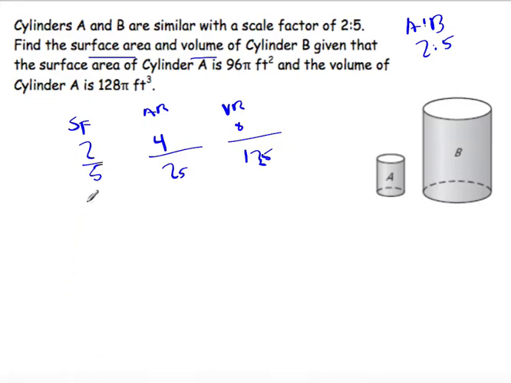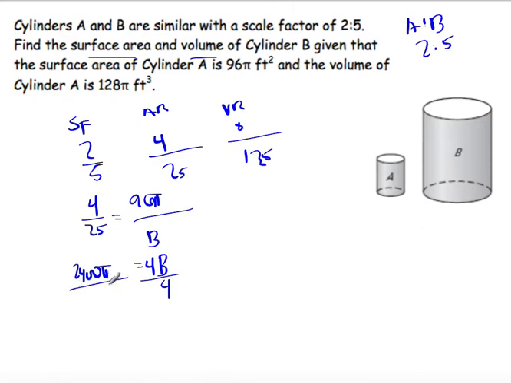So we're going to use the area ratio equal to the area of A, because this is A to B, so area for A was 96 pi. And then find the area for cylinder B, so I'm just going to call it B. And so we're going to cross multiply, which will give me 2400 pi equals 4b, and then divide by 4 on both sides.